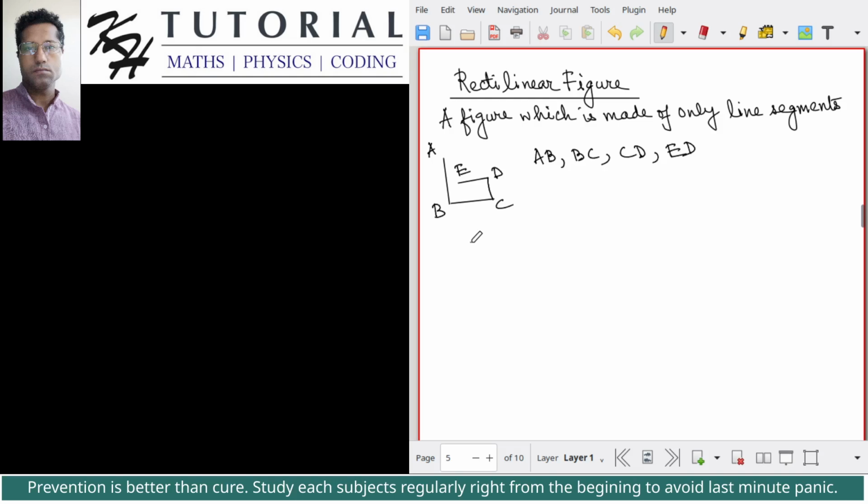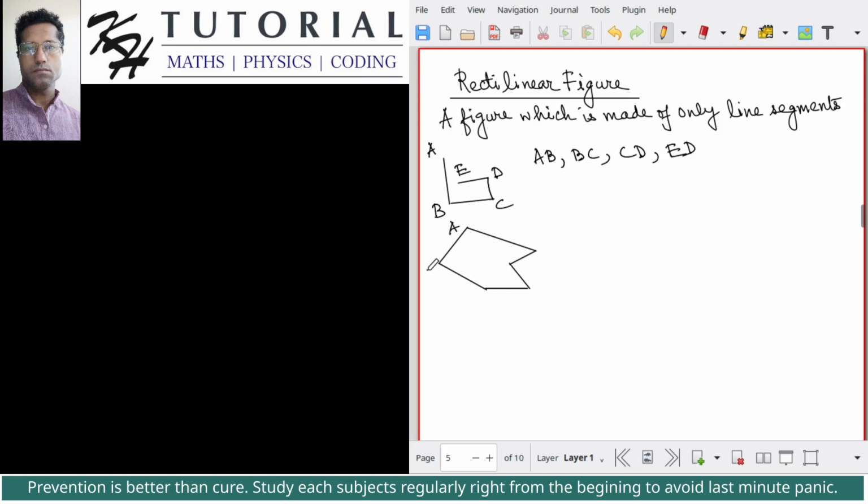Let's say, okay, so this is also a rectilinear figure.